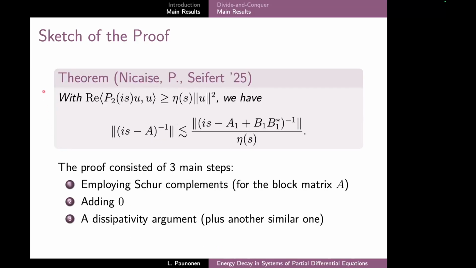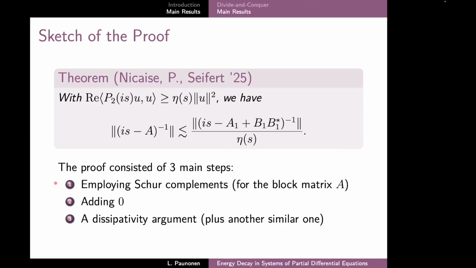So to recap, the proof of our result showed that if we have an estimate for the lower bound of the transfer function of system 2 on the imaginary axis, then the resolvent of the coupled system can be bounded by the resolvent of system 1 under negative feedback and this eta s.